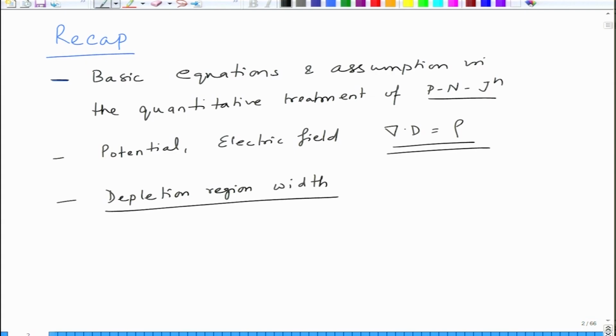W is equal to the square root of 2 epsilon s VBI divided by Q into 1 over Na plus 1 over Nd.